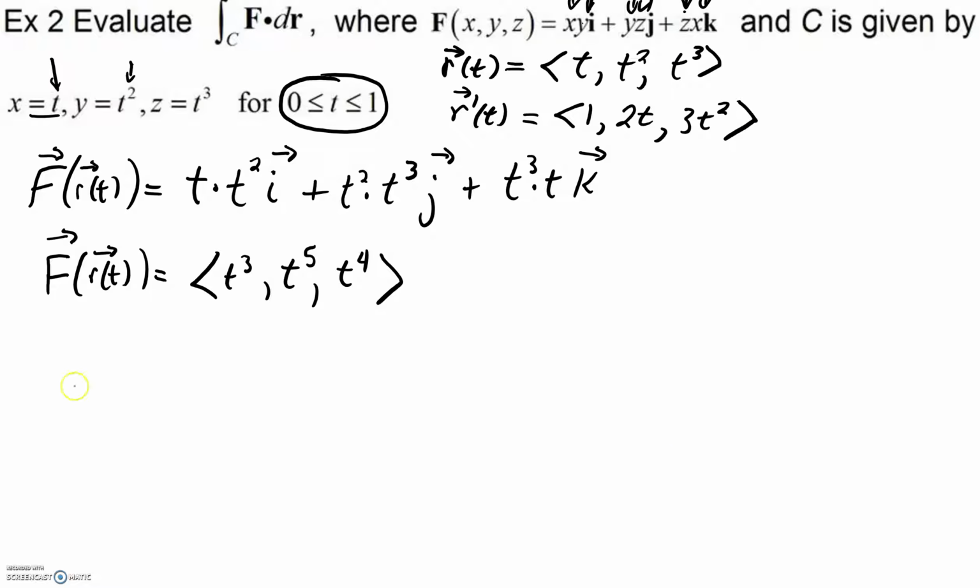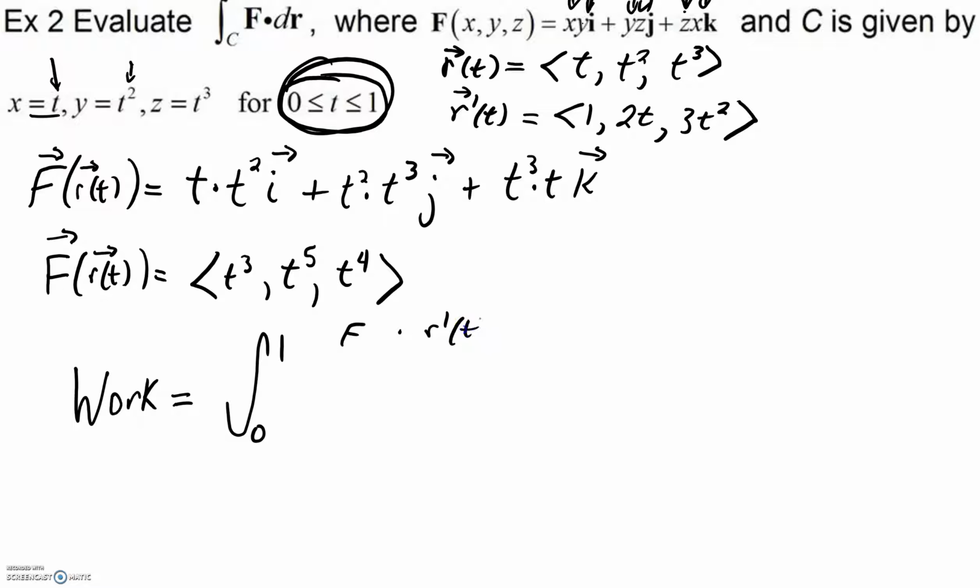As we're going to calculate work, this is going to be the integral between 0 and 1, because that's our t boundaries, of F dotted with r prime. Our F is t cubed, t to the fifth, t to the fourth, and we just found r prime, that's our 1, 2t, 3t squared.